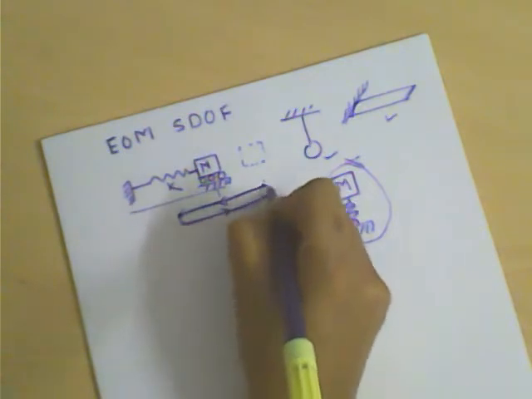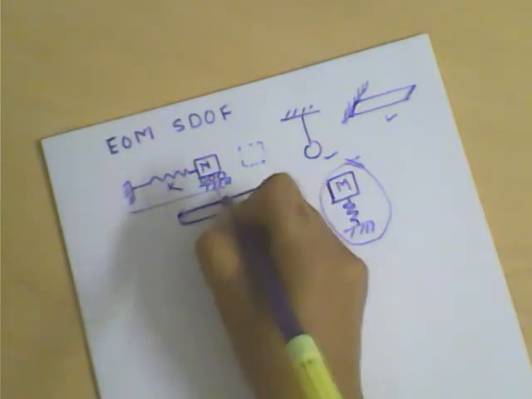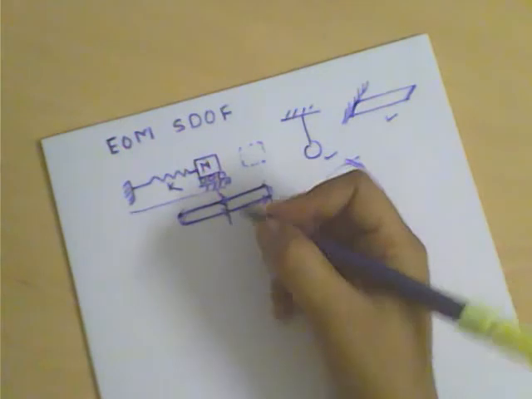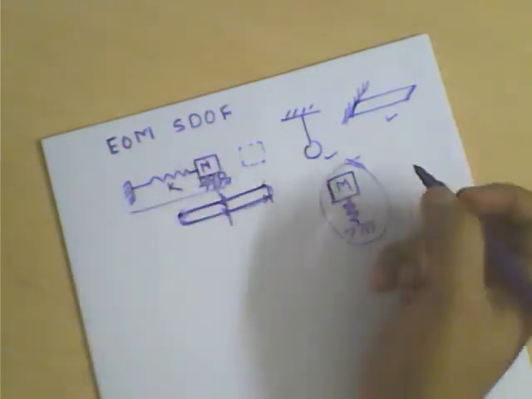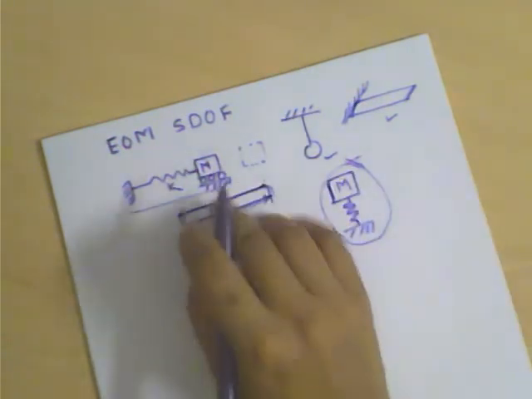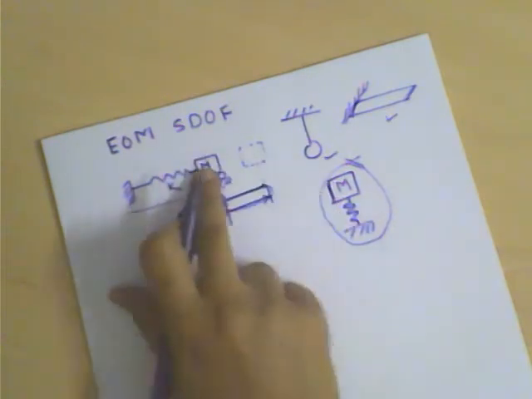It will keep carrying out this to and fro motion about the mean position, so we say that the mass block is vibrating. Our job is to derive the equation which governs the motion of this mass.